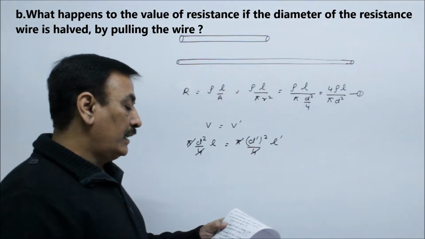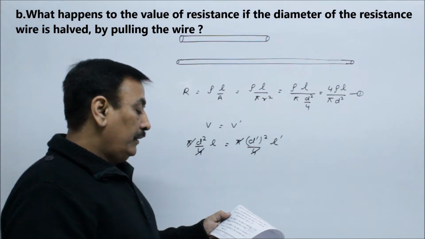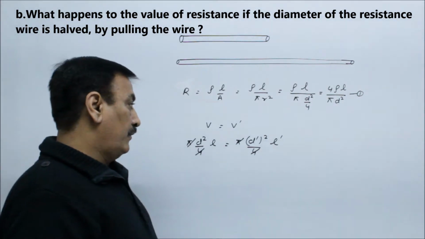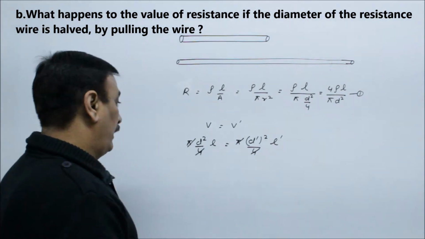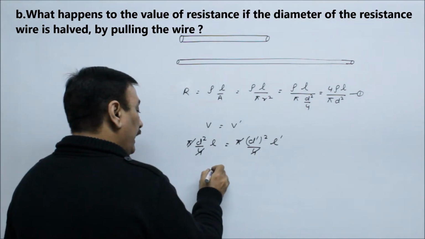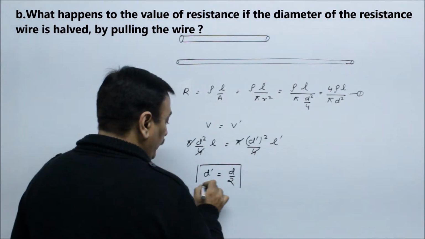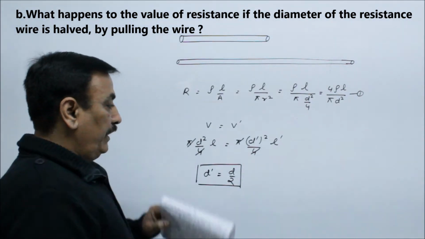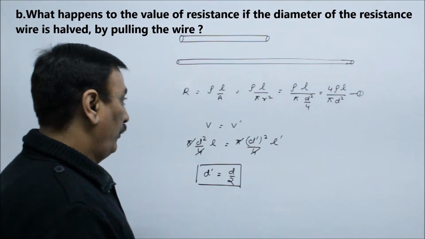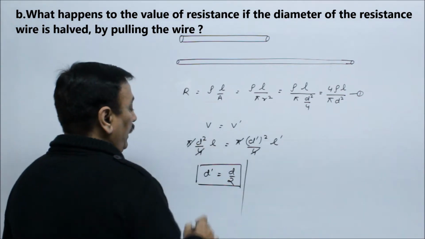Now let us see what they are saying. They are saying the diameter of the resistance wire is halved. That means the information they have given us is that d dash is equal to d upon 2. Now this parameter is what we have to use in the above equation.